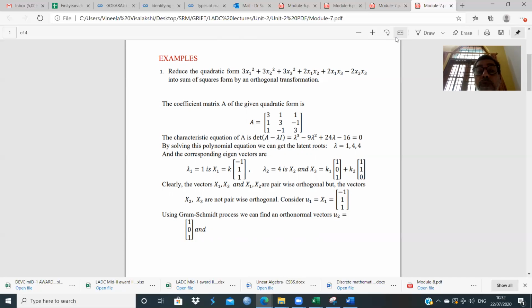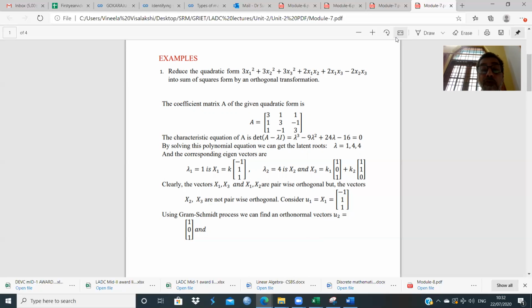So observe that there are three cross product terms, 2x1x2, 2x1x3 and 2x2x3. This will prevent us from understanding the geometry of this object. So let us see how we can use reduction to canonical form and then understand what it represents.